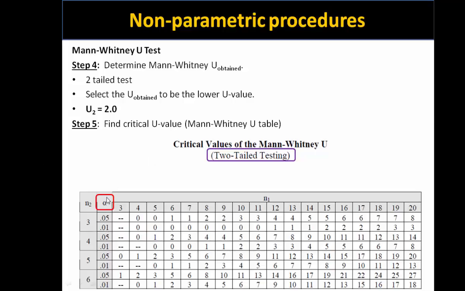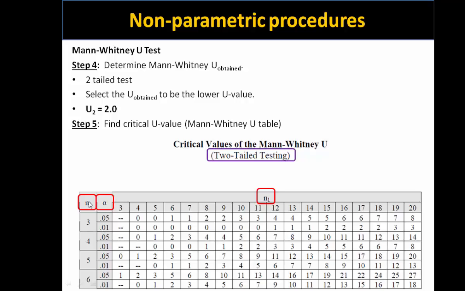What we see here is the alpha level, and unless stated otherwise, we always go with 0.05. We have the number of participants in the first group, and we have the number of participants along the vertical column in the second group.